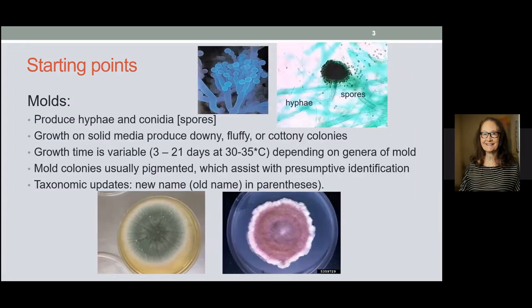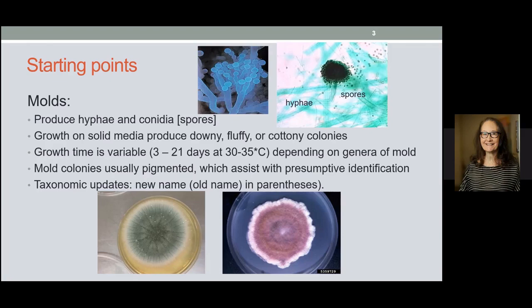So molds. Molds are the second type of organism. They produce hyphae and conidia that we can also call spores. They grow on solid media and produce fluffy or downy colonies like shown in the pictures below. They can have a variable time in growth, anywhere from 3 to 21 days, and they can grow in a variety of temperatures as low as 25, but usually you think of growing molds at 30 to 35 degrees centigrade.